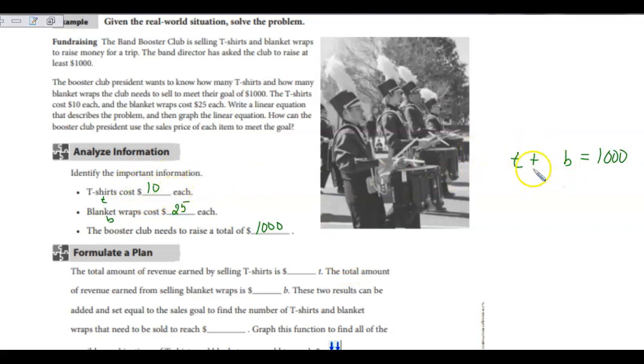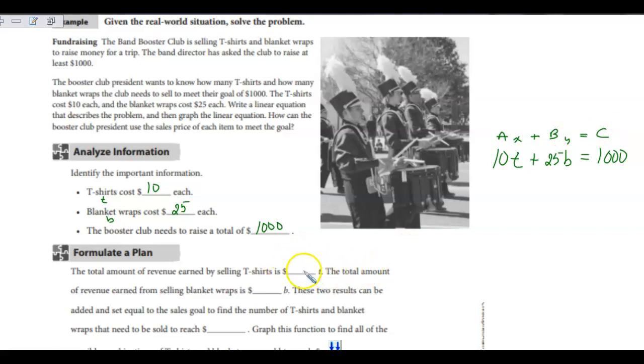So for every t-shirt, it's going to cost $10. And every blanket wrap costs $25. So every blanket they sell, they're going to make $25. Okay? So there's our equation. If we had used x and y, then this would be in standard form, which is the easiest one to do these with. Okay?